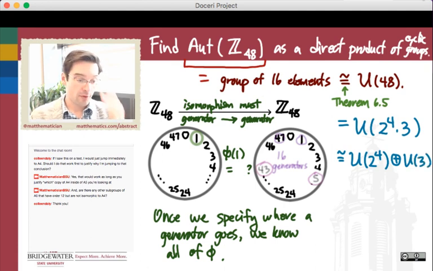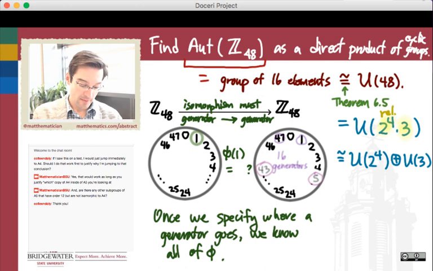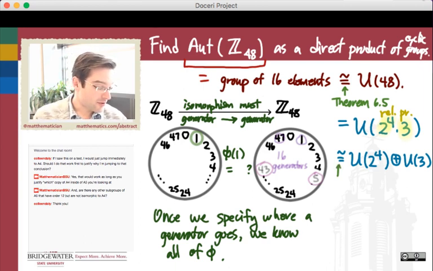So it's U of 2 to the 4th direct product U of 3, again because 2 to the 4th and 3 are relatively prime. And that's a theorem. If you're following along in Gallian's textbook, let me get the citation for you on that one. That is theorem 8.3.